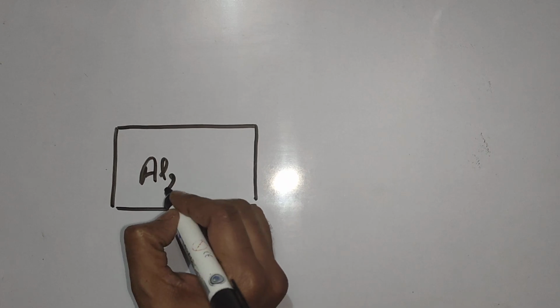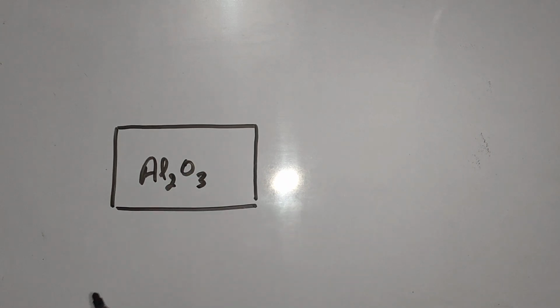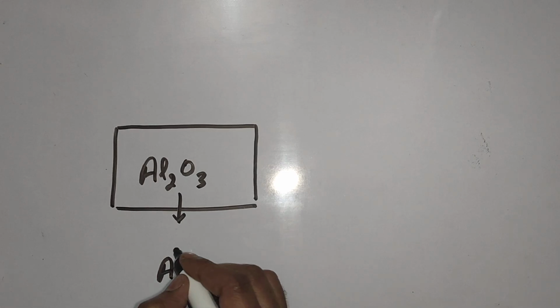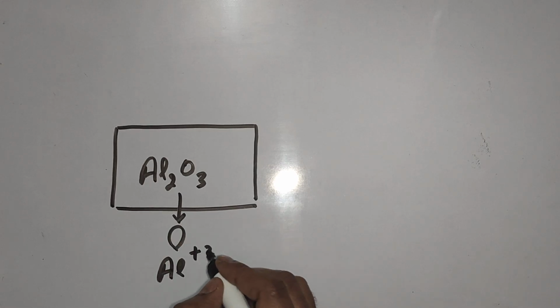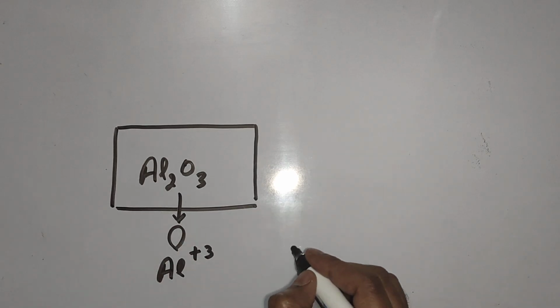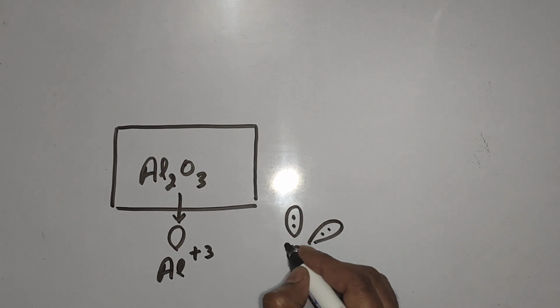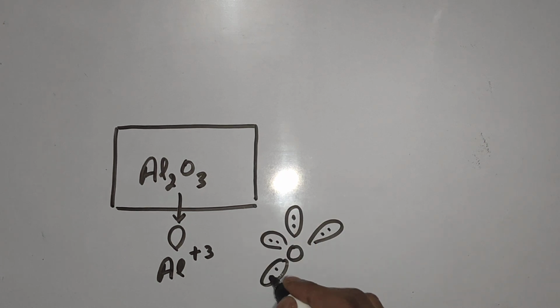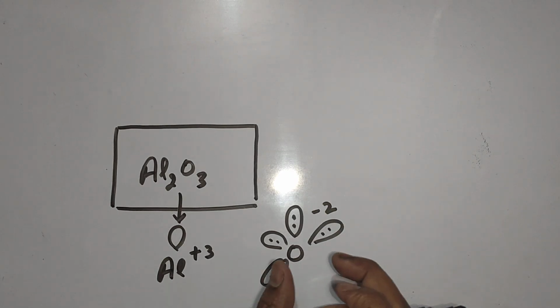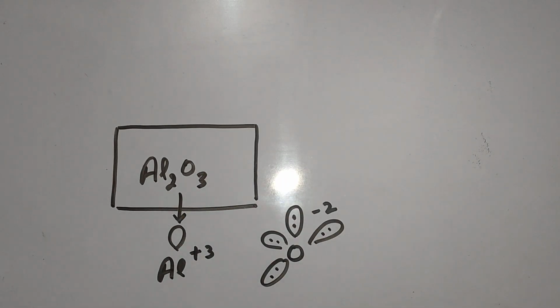This is Al2O3, aluminium oxide. First of all, in aluminium oxide, it must be clear, aluminium is carrying a vacant orbital with a +3 charge, and the oxygen atom is working as an oxide, carrying 4 lone pairs around it, -2 charge. So this is the condition of these 2 atoms in Al2O3.